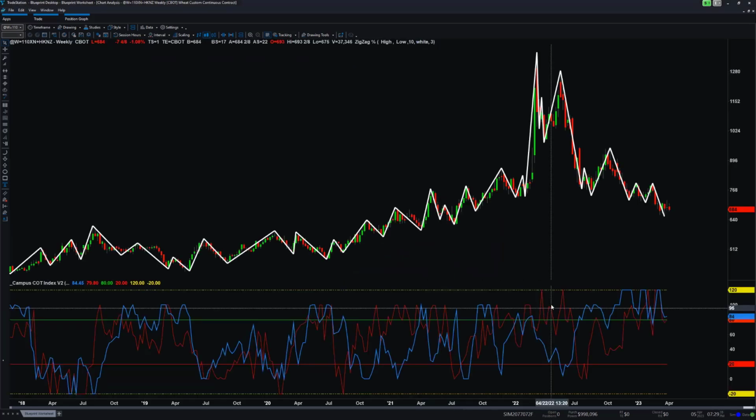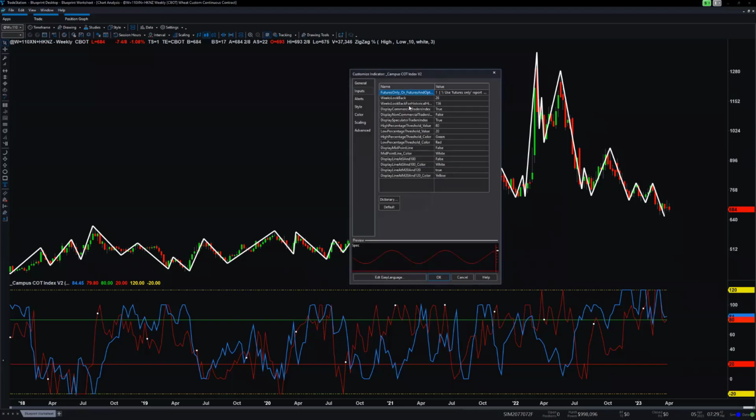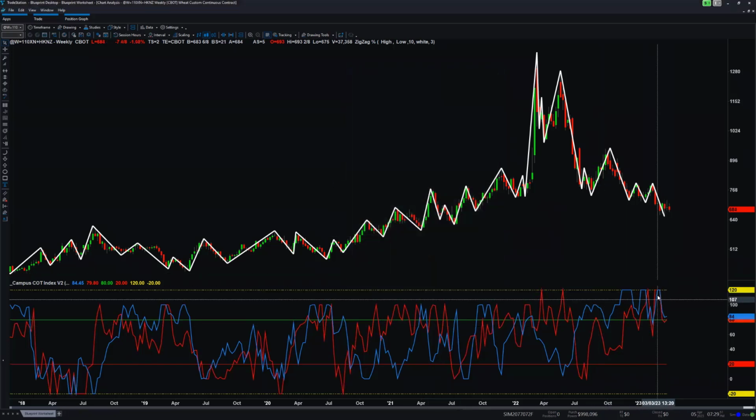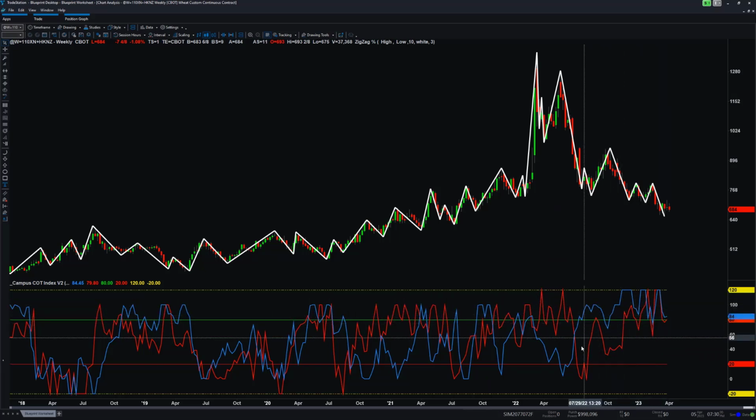So if I put a true there, I will turn them on. And what I usually also do, in terms of the style, is I just want them to be a bit thicker. I'll put it as a default. And here we go. So now I have the retailers as well. So what you actually see is the retailers are pretty much aligned with the commercials.